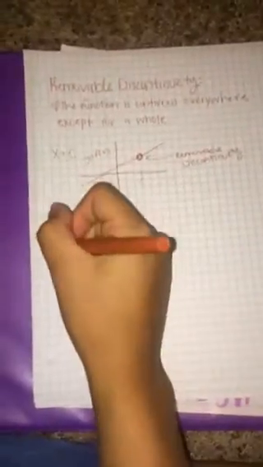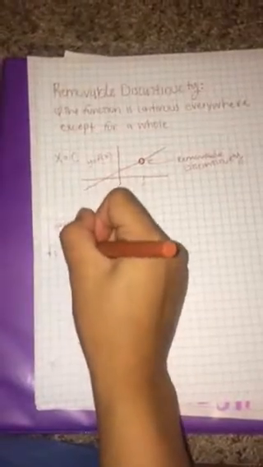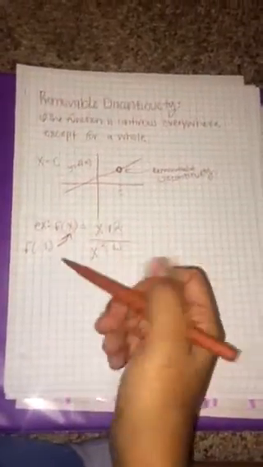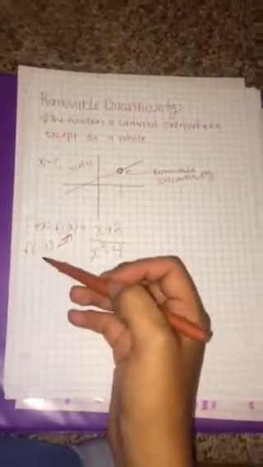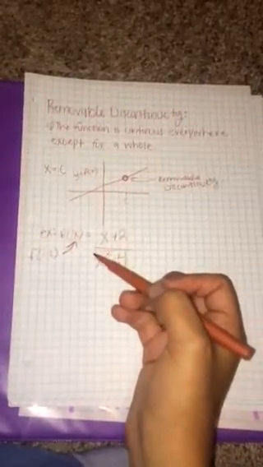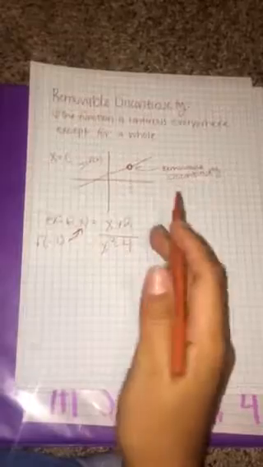We are given that f is negative 2, so x would be negative 2. So what do you do? You plug in negative 2 for x. Let's go ahead and do that.